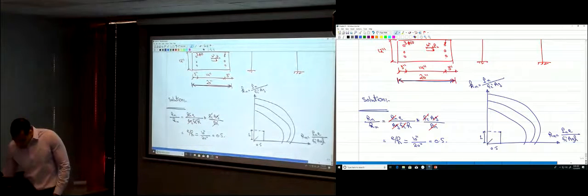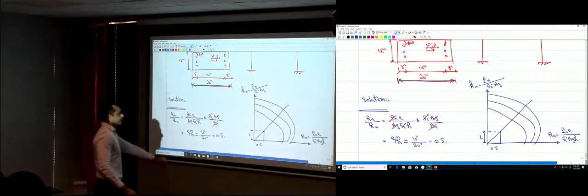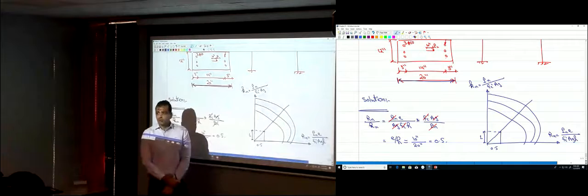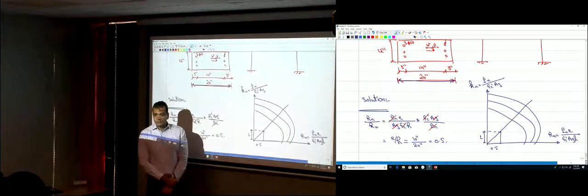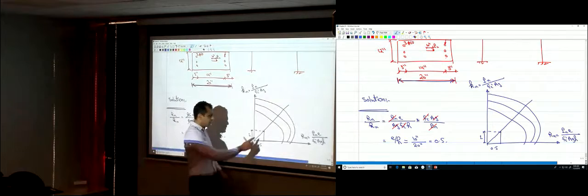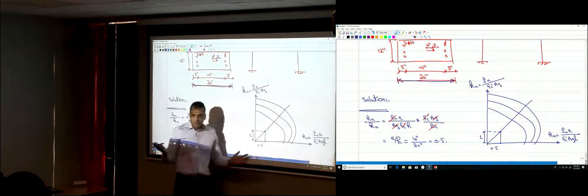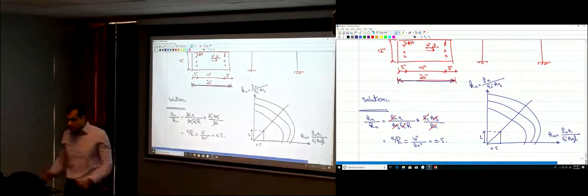Any point on that line will have Rn divided by Kn of 0.5, right? Right or not? If Rn divided by Kn for this point is 0.5, any point on that line, it's a straight line, so it's the same slope.